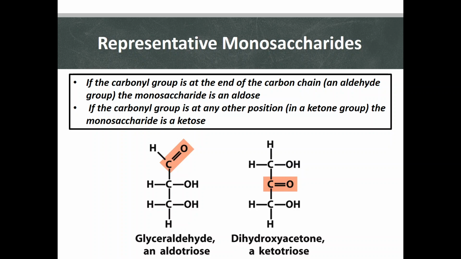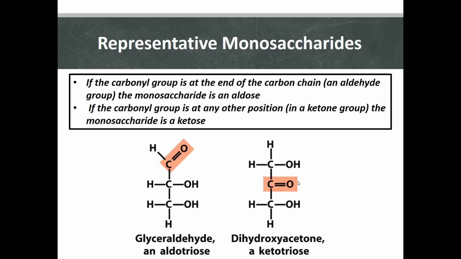In contrast to the aldoses, if you have a ketone group, you have then a ketose. So on the right-hand side, you'll see a representative 3-carbon ketose. So 1, 2, 3 carbons. Now, instead of an aldehyde functional group at the end of the chain, you have an internal ketone functional group right here.